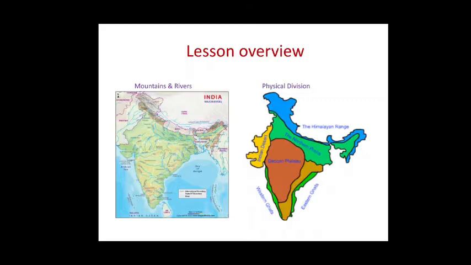Our geographical environment influences human life; geographical features and human life have a very close relationship. India's geographical features are divided into four types. Firstly, the Himalayan mountains. See, children: the Himalayan mountains, the Gangetic plain in the north, the Deccan plateaus, and the coastal region in the south.